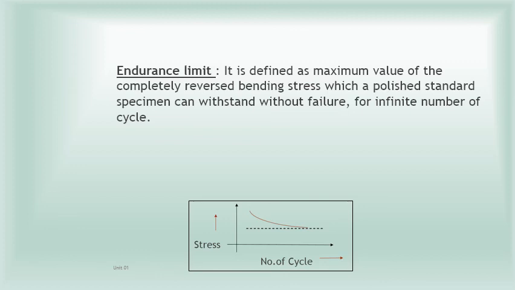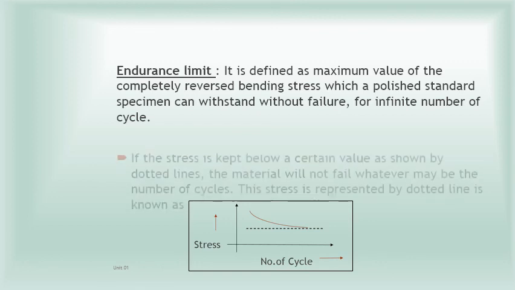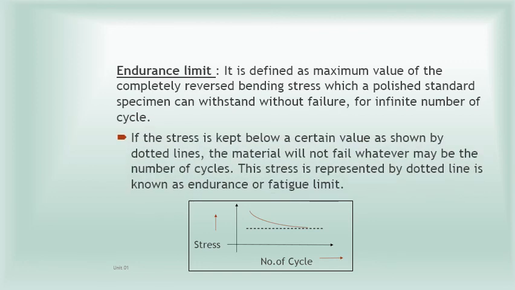If the stress is kept below a certain value as shown by the dotted line, the material will not fail, whatever may be the number of cycles. So the material will not fail during its running condition.